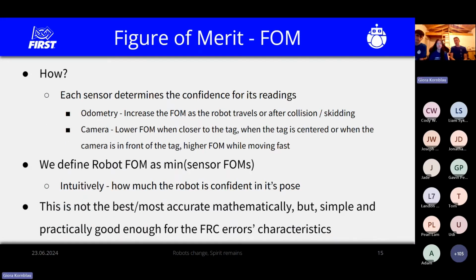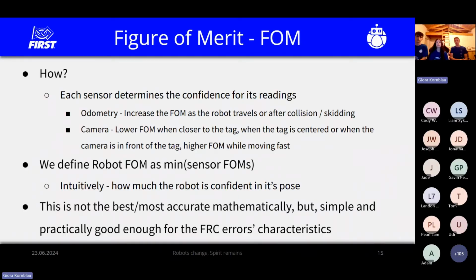So how do we actually implement each FOM for each sensor? For the odometry FOM, as I said before, one of the things that we take into account is the drift. So over time, the FOM will be higher, as well as the accumulation of the FOM.